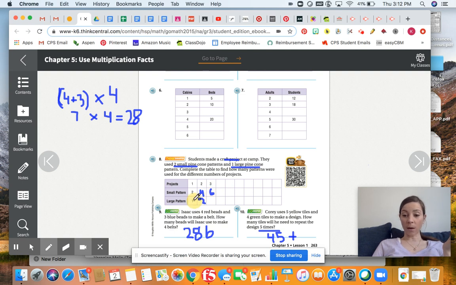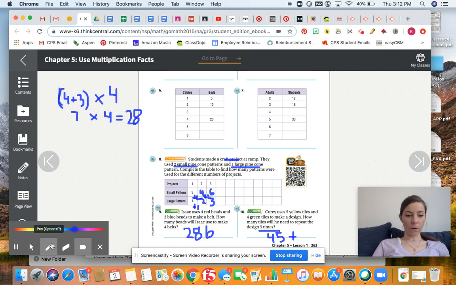My large pattern, I just am adding 1 each time. So 1, if I have two projects, it'd be 1 more is 2, plus 1 more is 3. So for my large patterns each time, I'm just adding 1. For my small patterns each time, I'm adding 2 plus 2. This is messy, but I have a feeling you're understanding me.